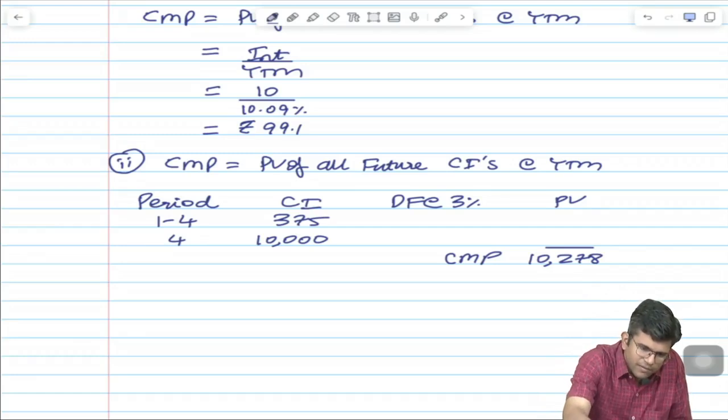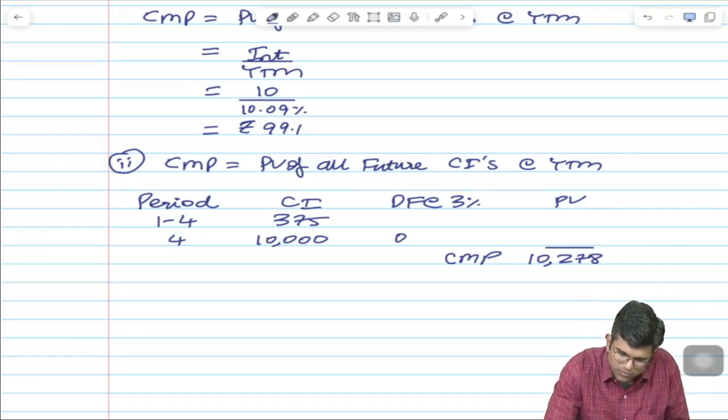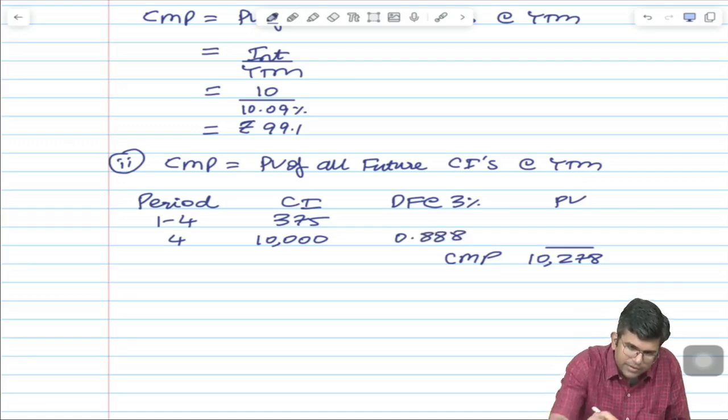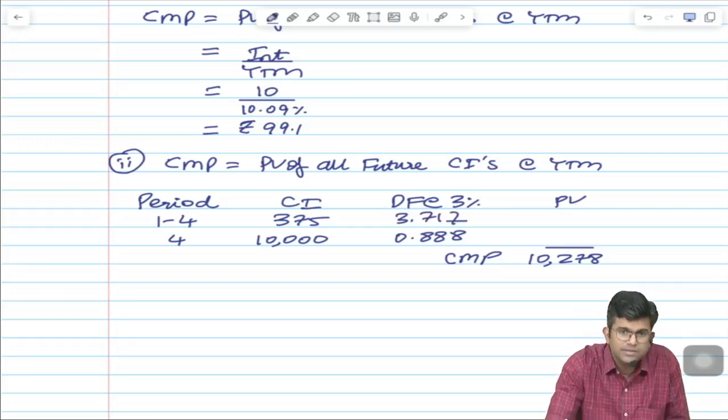One divided by 1.03 to the power 1, 2, 3, 4, 0.888, 3.717. These numbers are correct, please check.